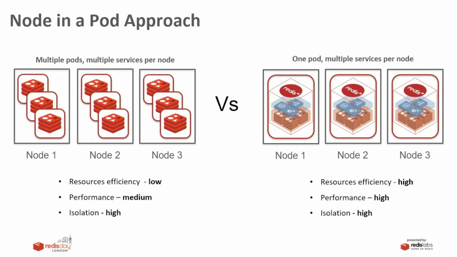First of all, our ability to manage resources at a very, very fine-grained level. And second of all, to keep performance up. Now, for all Redis users, performance is king. And utilizing things like shared memory, Unix domain sockets, and various other things is very hard to do, if not impossible, across different containers. Okay? So we took the node in a container approach in order to still be able to do that.